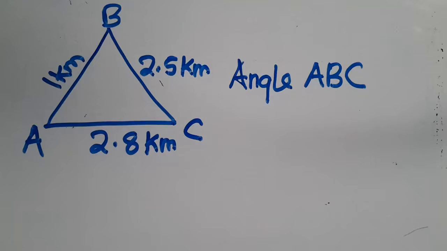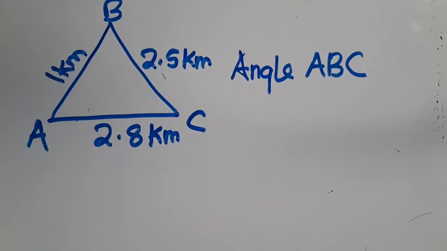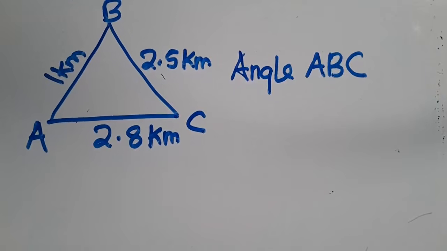We use the cosine law when you are given all the three sides. So let's make sure we understand the first part there. That first part will enable you to answer every question that you get to encounter.